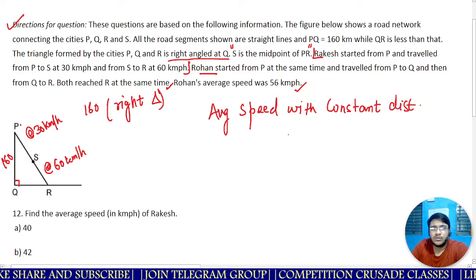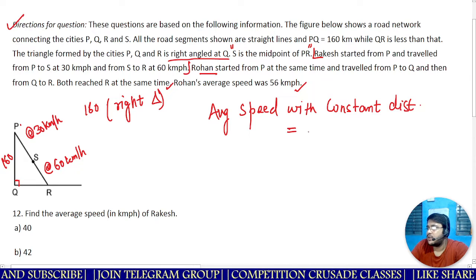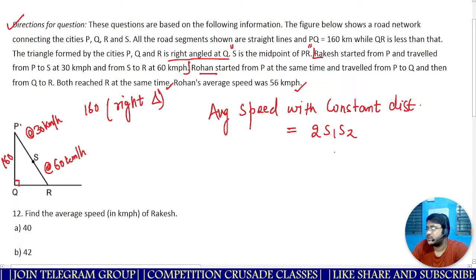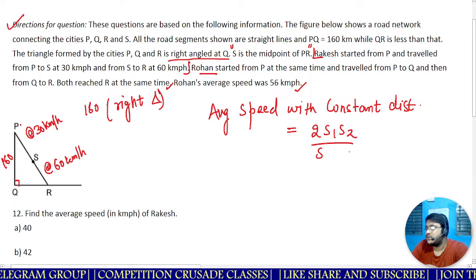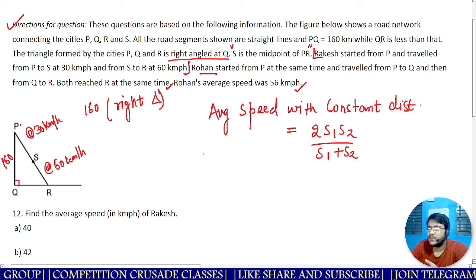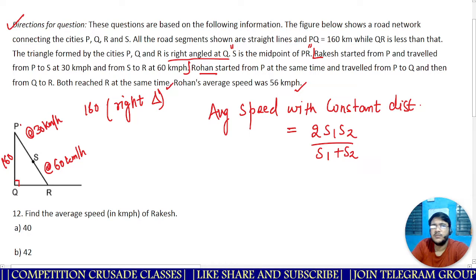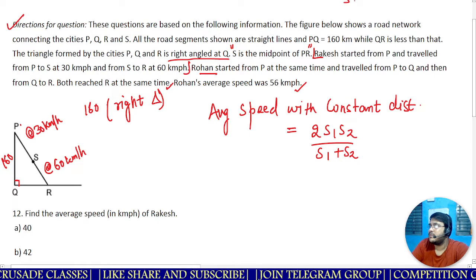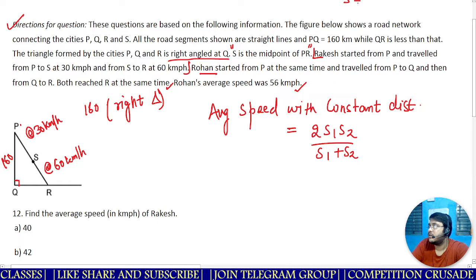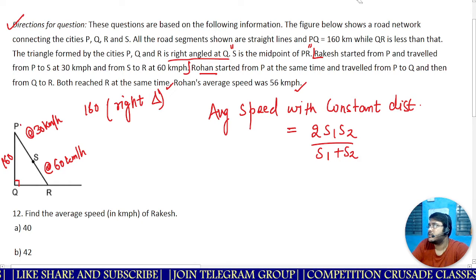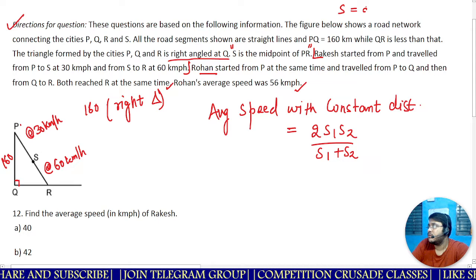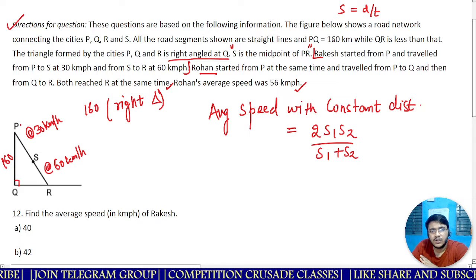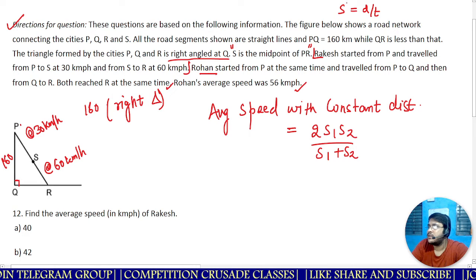There are people who would like to remember this as 2 s1 s2 upon s1 plus s2. Even if you do not remember this, if you just know that speed is equal to distance by time, and average speed is total distance by total time, you can just make equations.